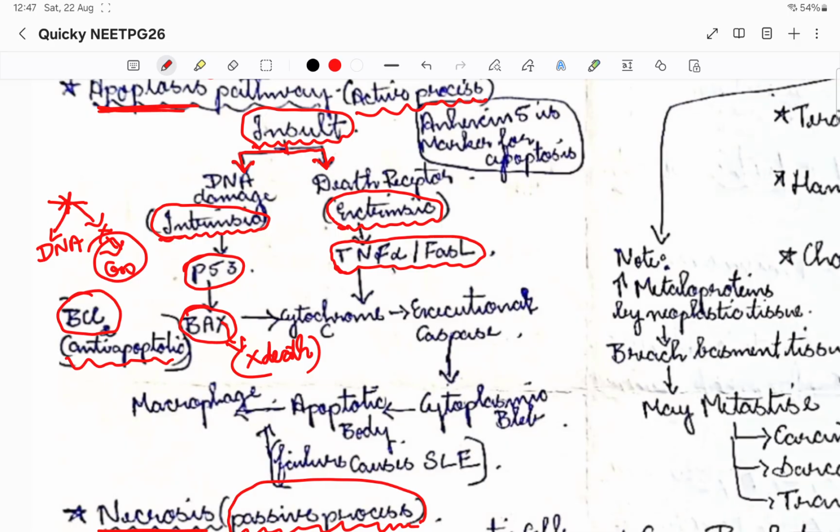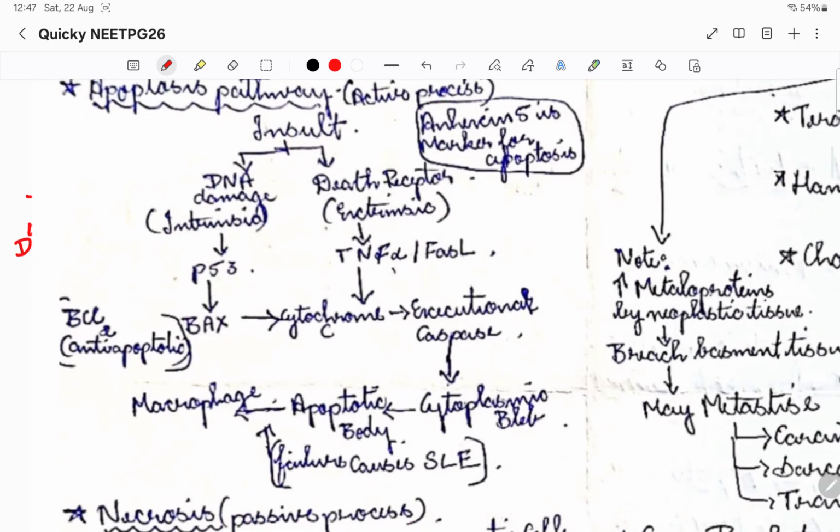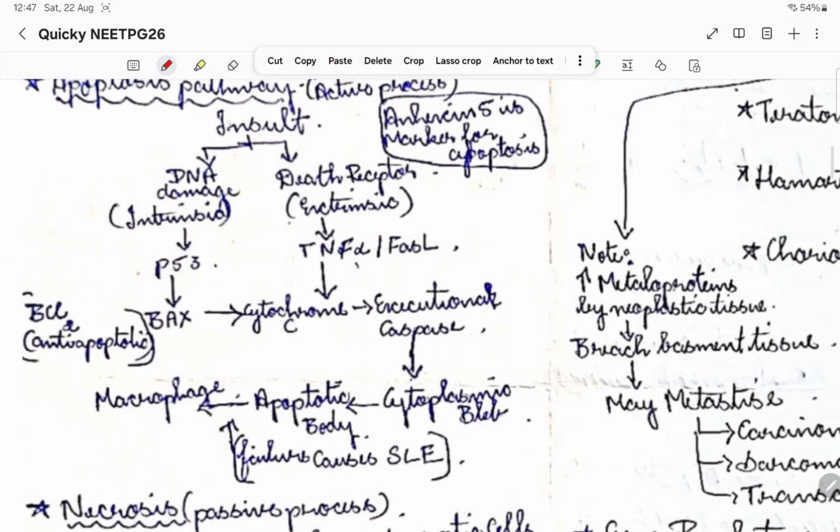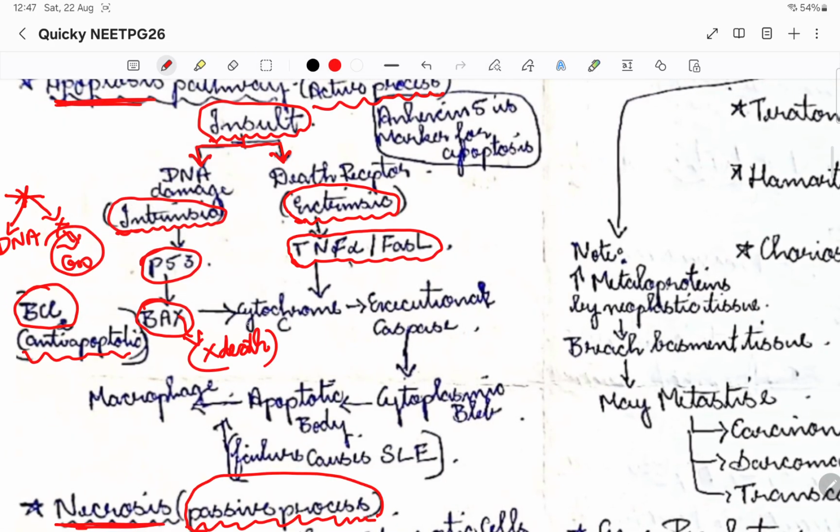So now that we know BAX is telling the cell to die, there is cytochrome C activation, and this will lead to a cascade called executioner caspase. Remember this executioner caspase.